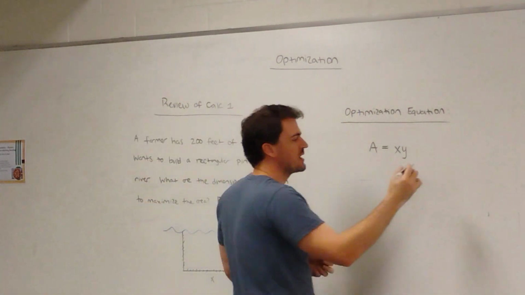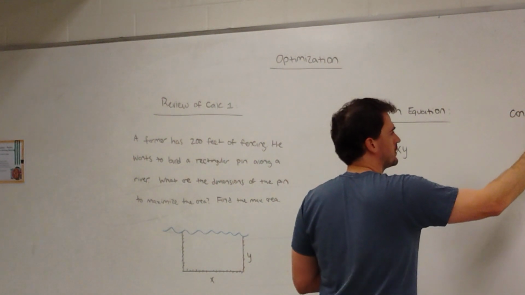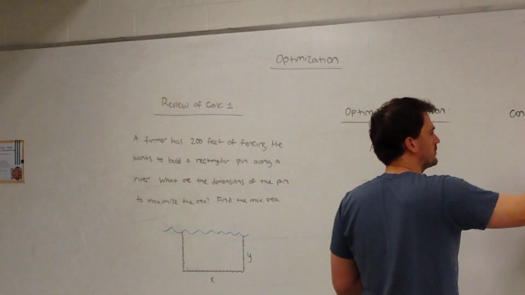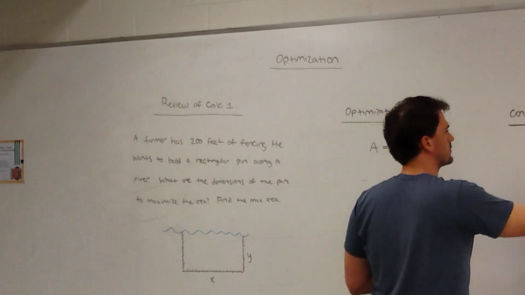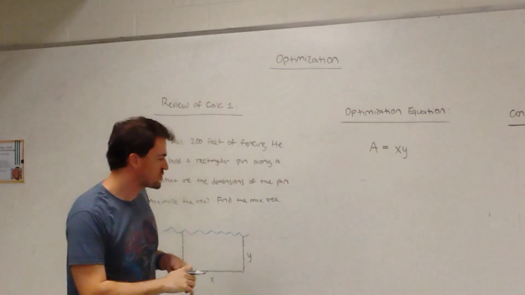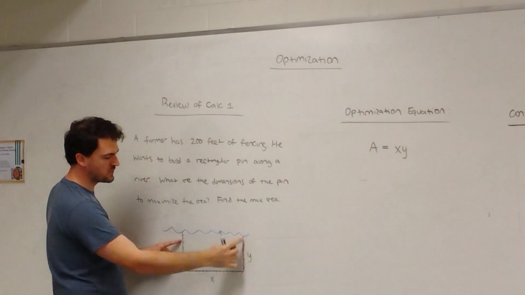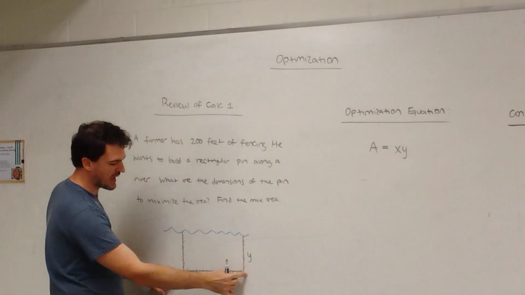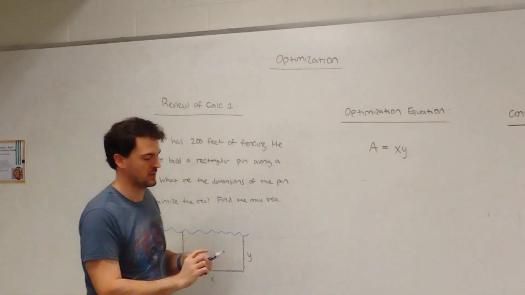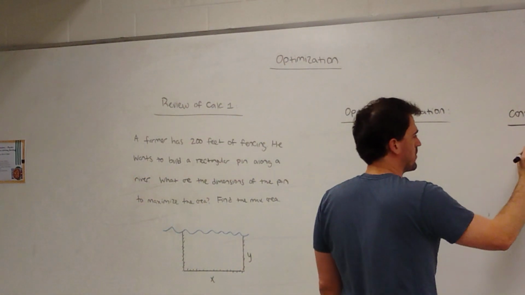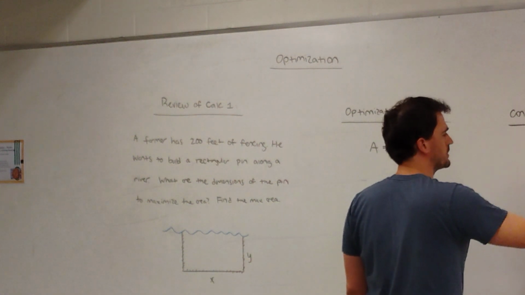So identify a constraint equation. If I need 200 feet of fencing, that means x plus 2y has to equal 200.